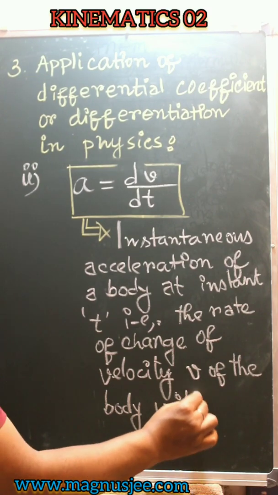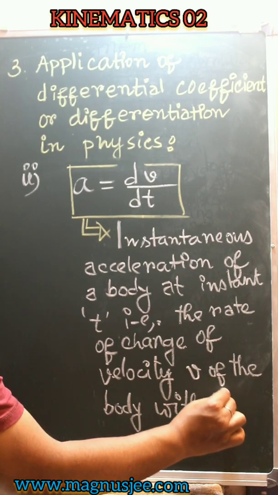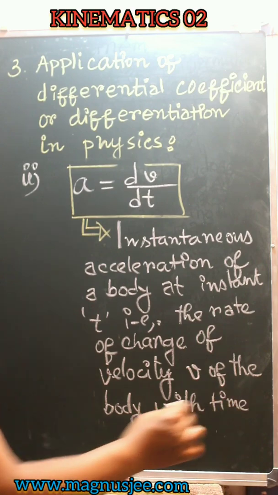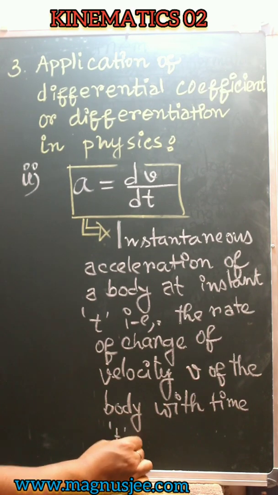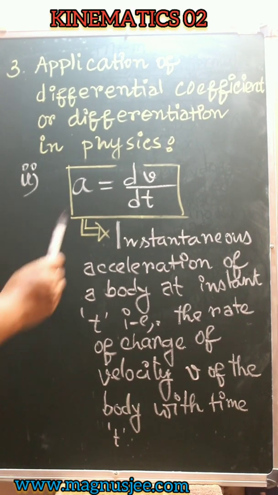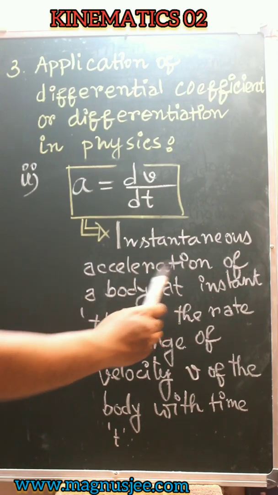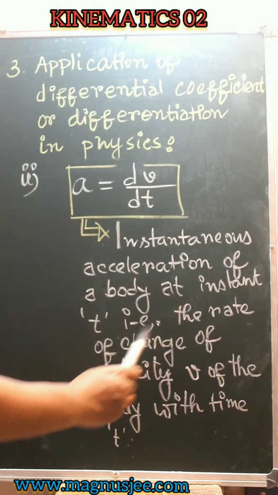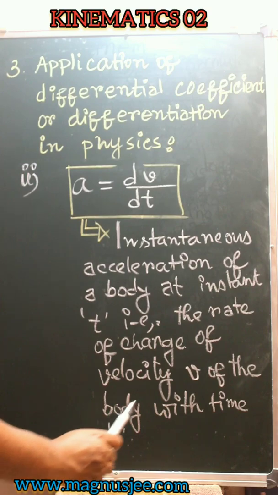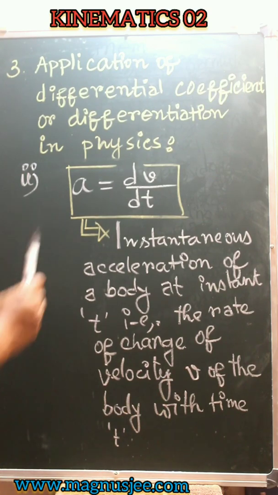If we differentiate velocity with respect to time, then we get the instantaneous acceleration of a body at instant t. That is the rate of change in velocity v of the body with time t. a equals dv by dt, which is instantaneous acceleration.